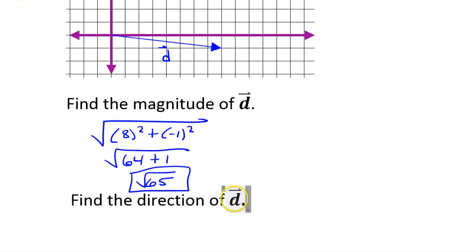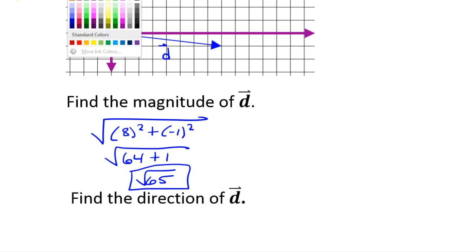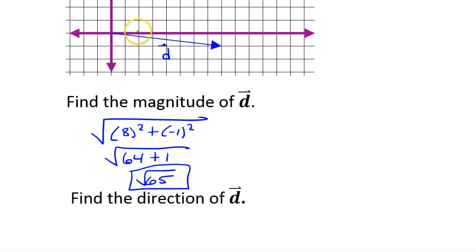Now we need to find the direction of D. Now, be careful. The direction of D is the angle measured from the positive x-axis counterclockwise. So what I just drew there, and I'll call it theta, that angle is the direction.